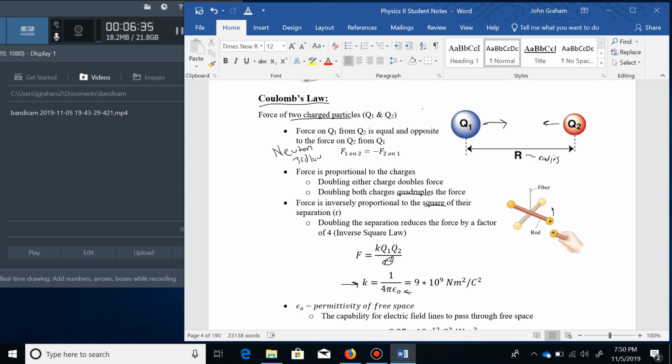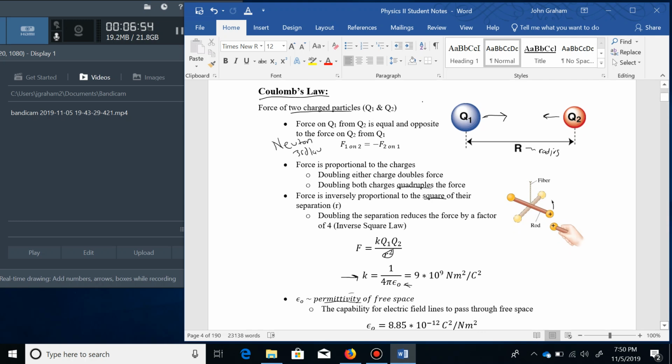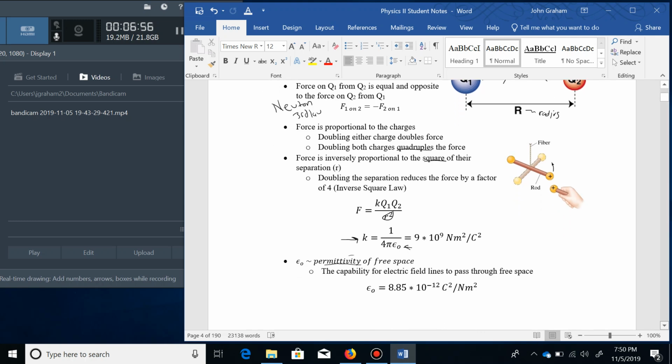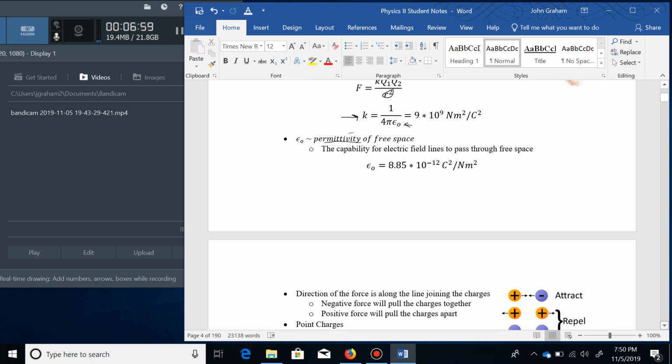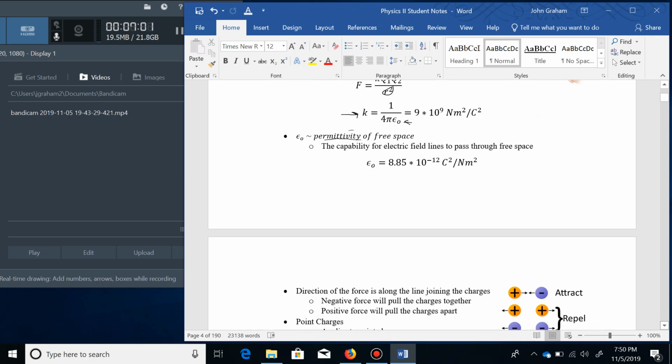That K equals 1 over 4 pi epsilon naught. Epsilon naught is what we call the permittivity of free space. We'll actually see one for electricity, one for magnetism. And this deals with the capability of electric field lines passing through free space.